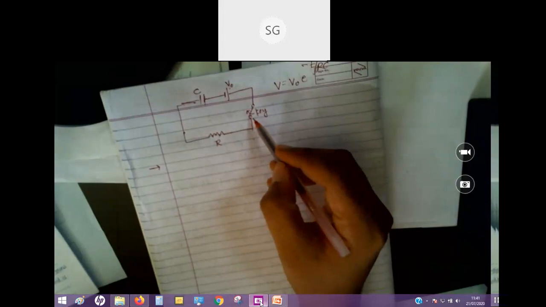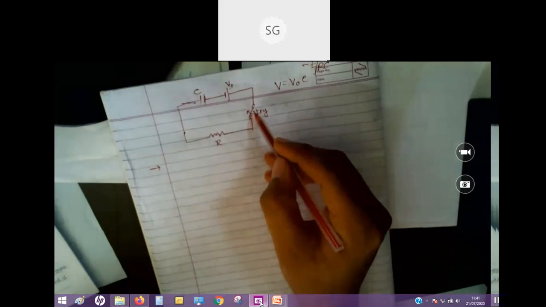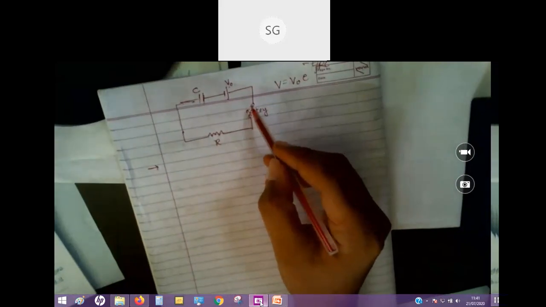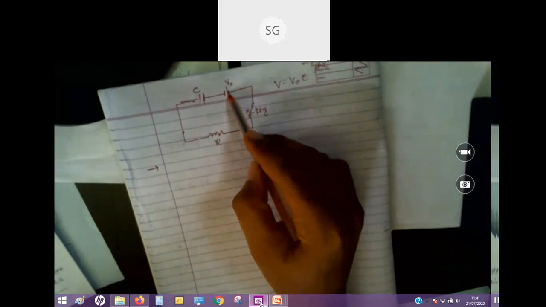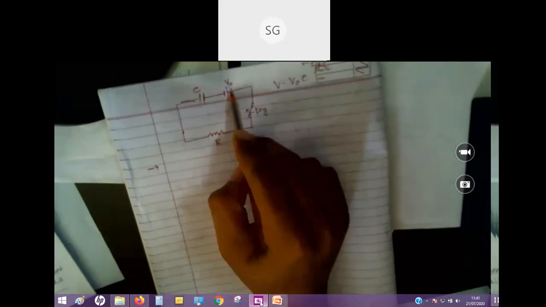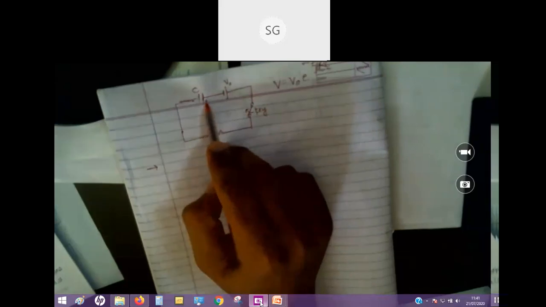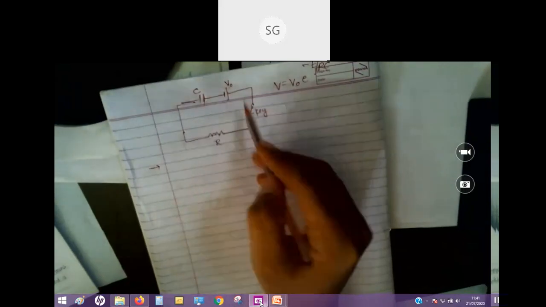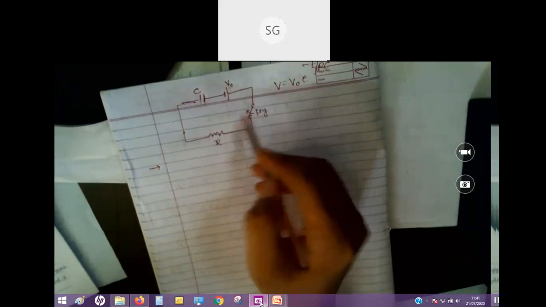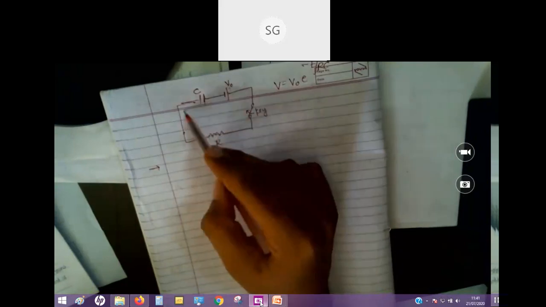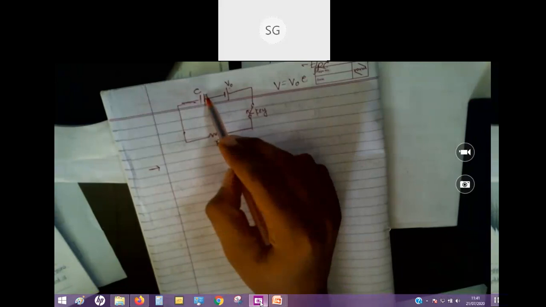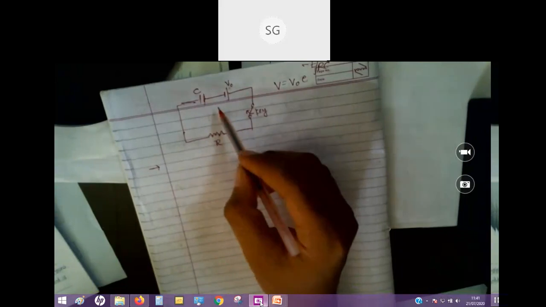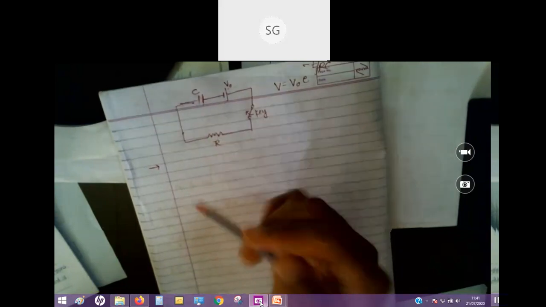Once we close this circuit, V naught is already drained out because its energy is consumed by the capacitor, and the capacitor is storing that energy. Once we close this circuit, the energy in the capacitor is getting discharged through this resistance R.